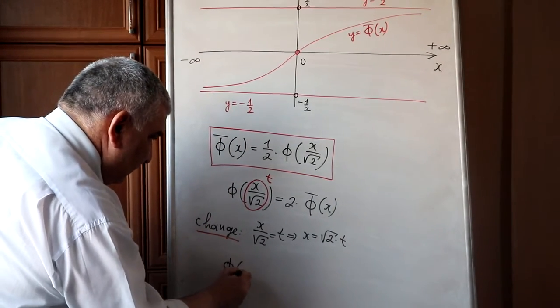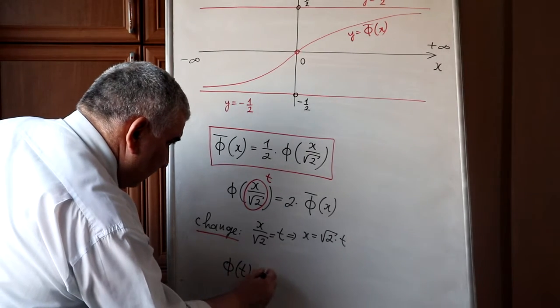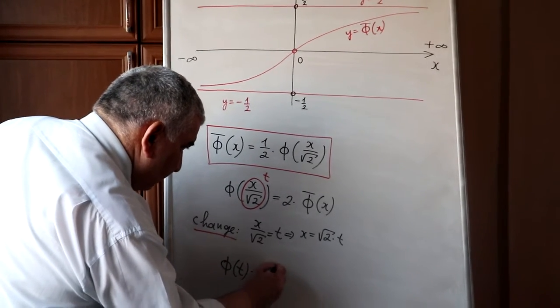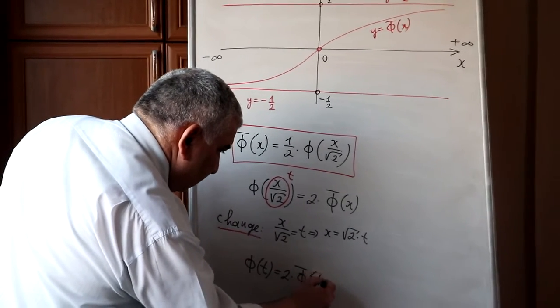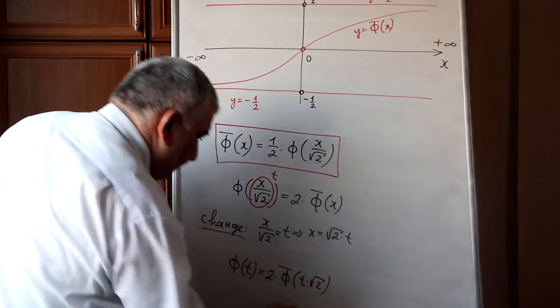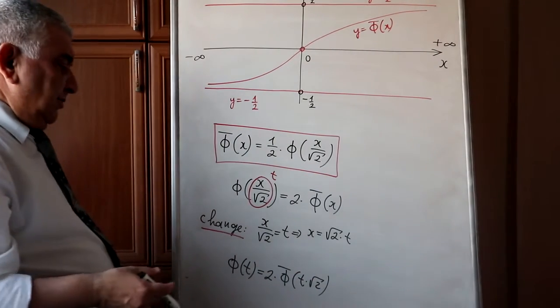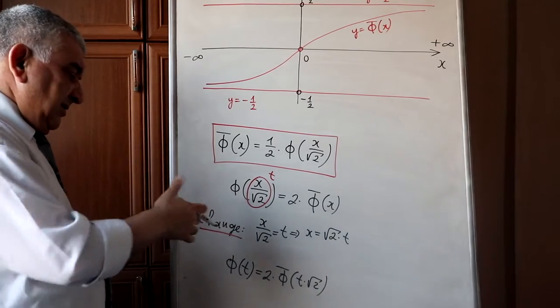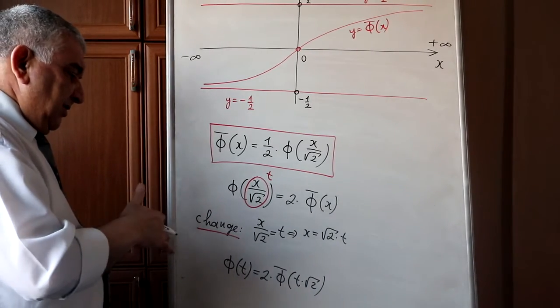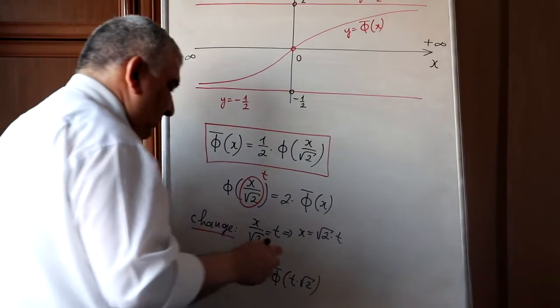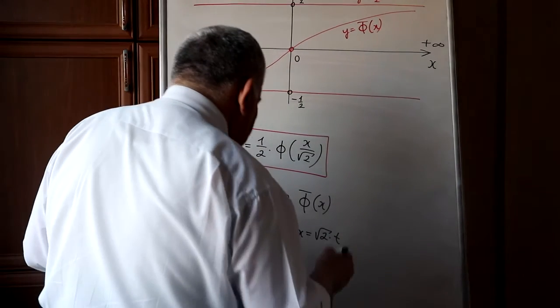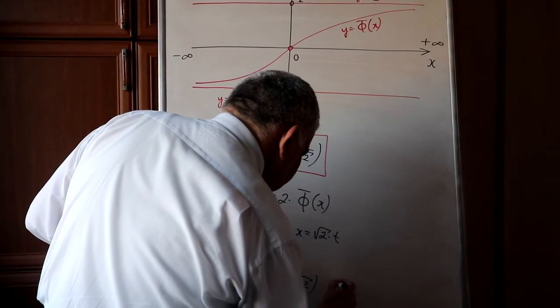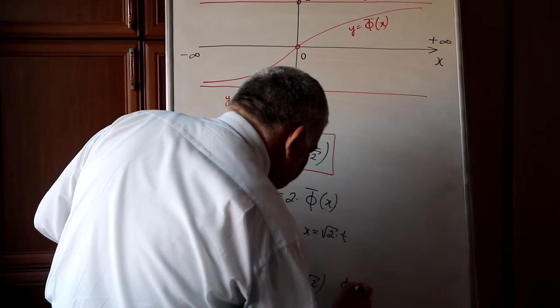Phi of t is 2 multiplied by phi bar of t square root of 2. And if we go to x, that is change t by x, then we finally obtain the following formula.